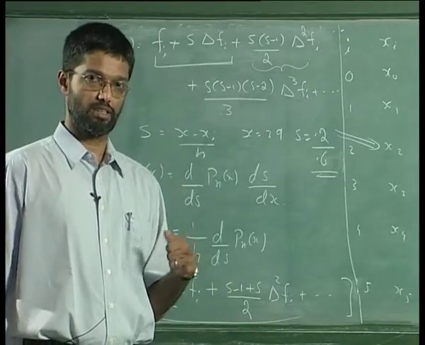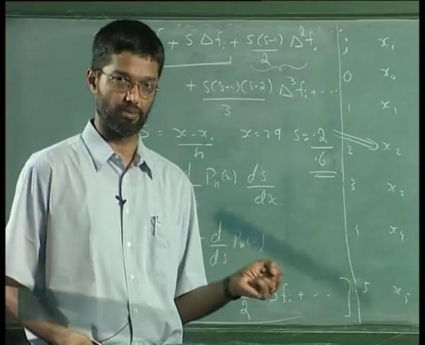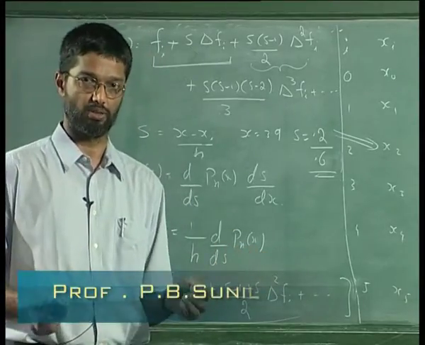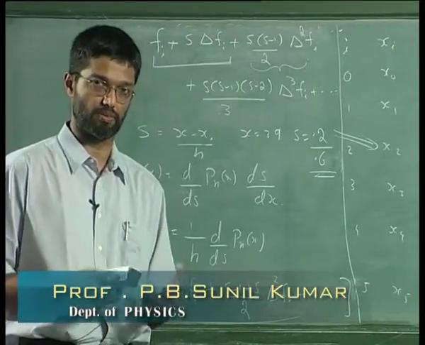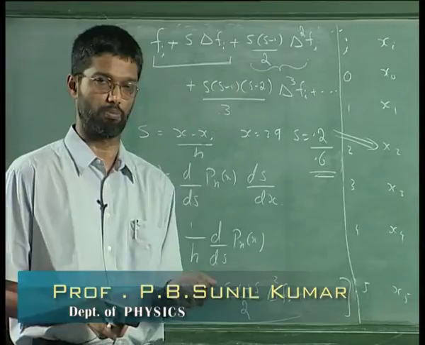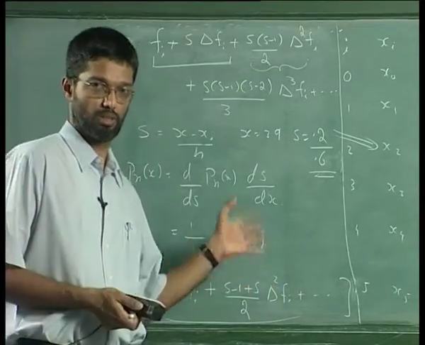That's maybe the best thing to do if you want to evaluate derivatives at in-between points. That means you are given a set of tabulated points, but you want to evaluate derivatives at points in between the tabulated points, and then you need to do something like this.